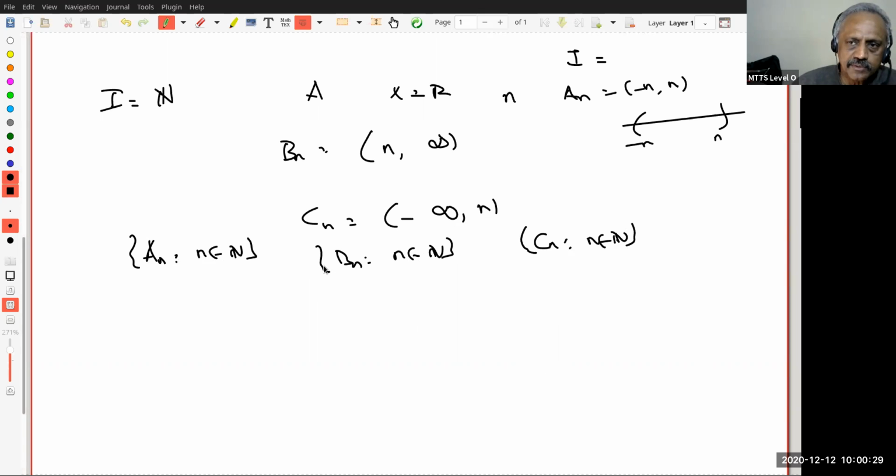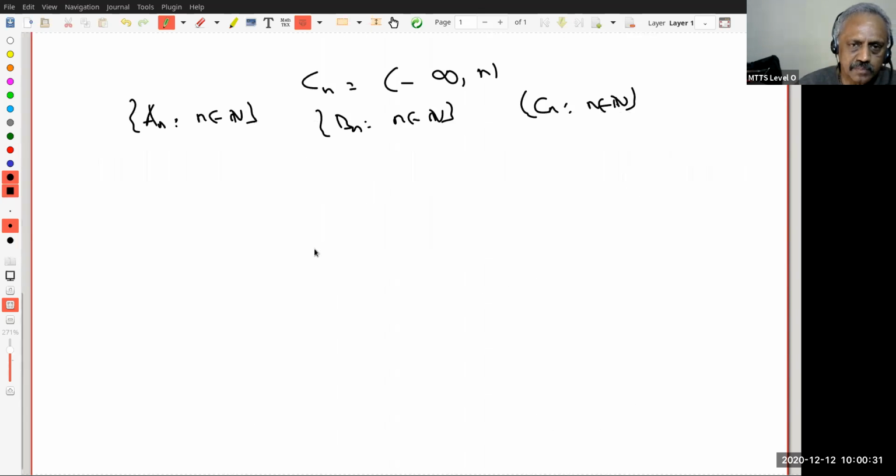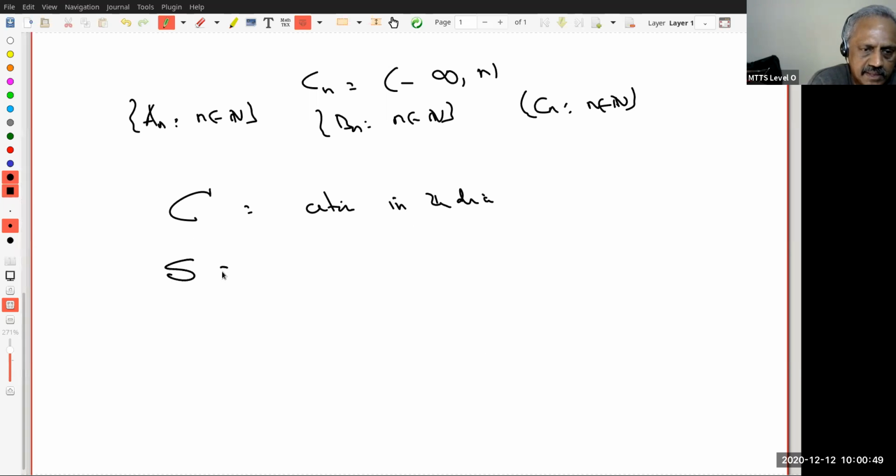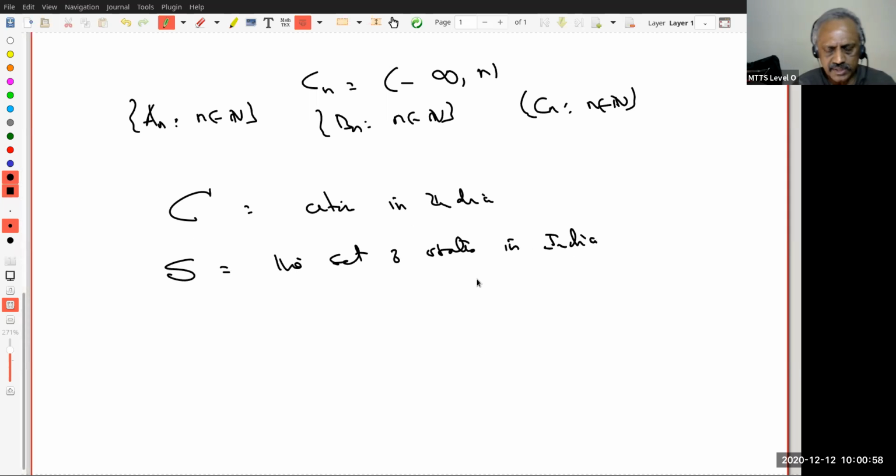But so far we dealt with something with numbers. It's possible I may be able to index it with some arbitrary set. Just for fun, let C be the set of cities in India. Let S be the set of states in India, states, union territories, everything. I will call all of them states, even though legally they may be different.